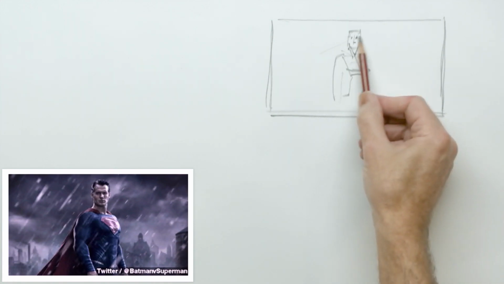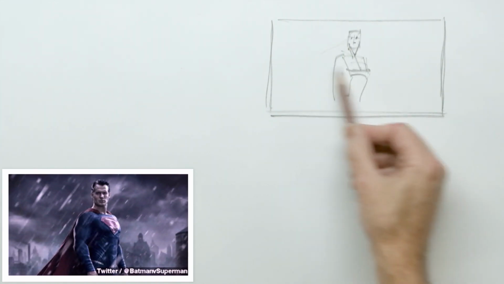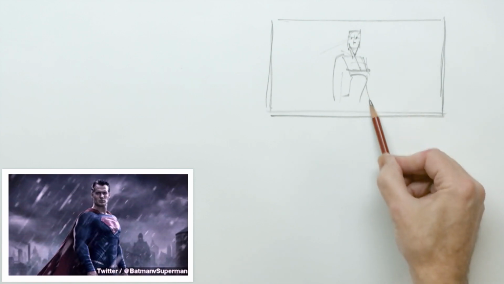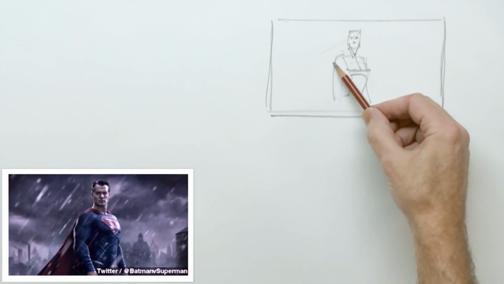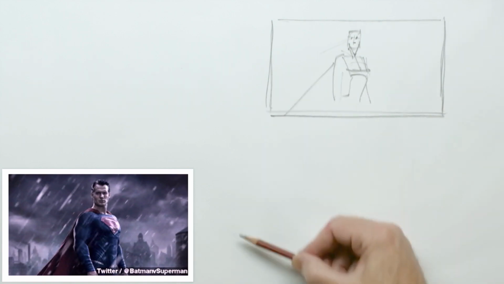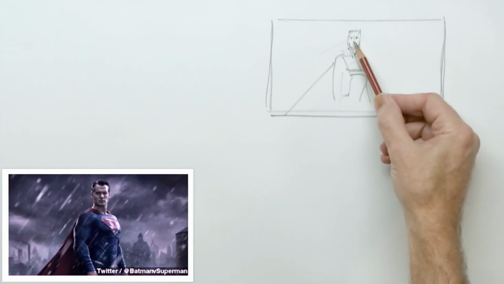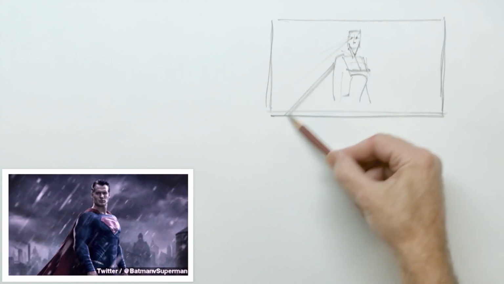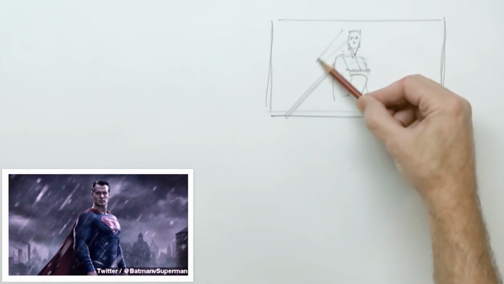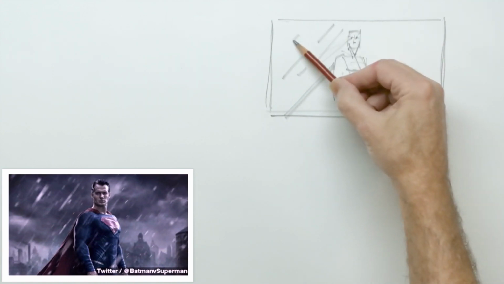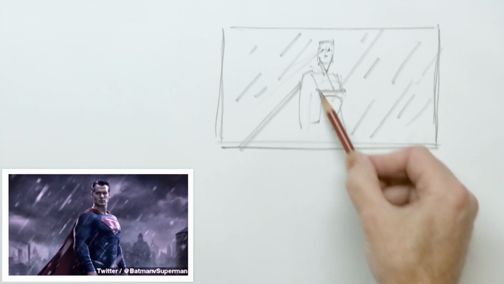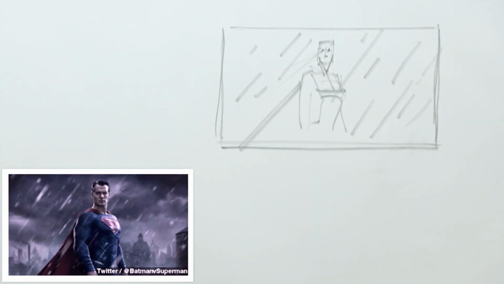So we get this contrast of an eye line compared to this plane, and that plays out really strong. Then we get this cape that goes at this angle, much like his eye line. His eye line's coming down here, his cape is coming down here, and the rain is coming at the same angle. And the rain is coming down perpendicular to his chest. Okay, and that becomes important.